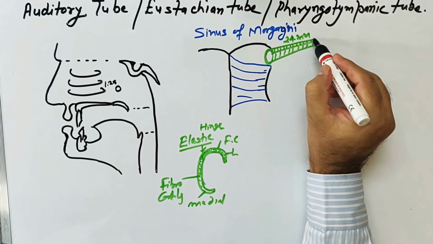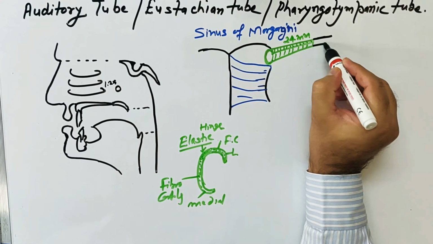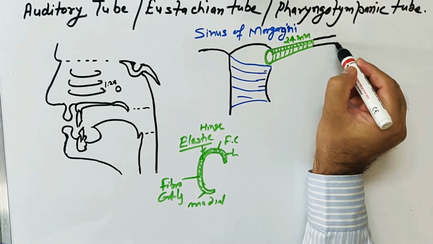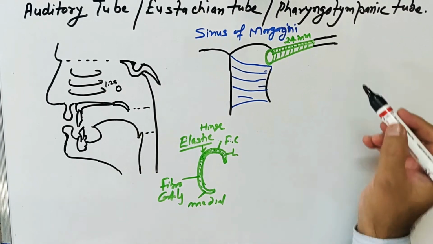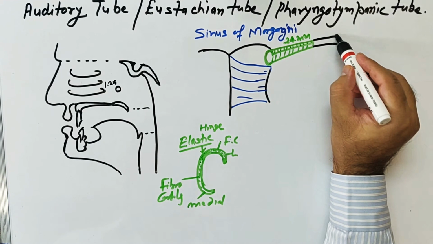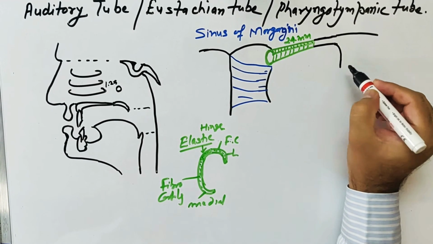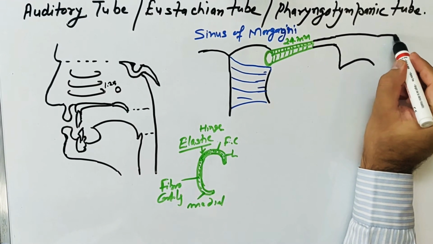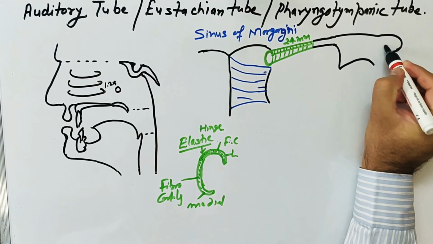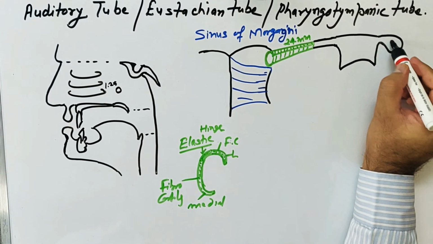Lateral 1/3 is bony, and it opens into the tympanic cavity. Here is the tympanic cavity. This is the mastoid antrum.